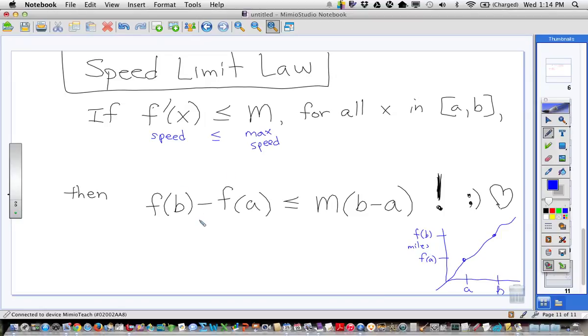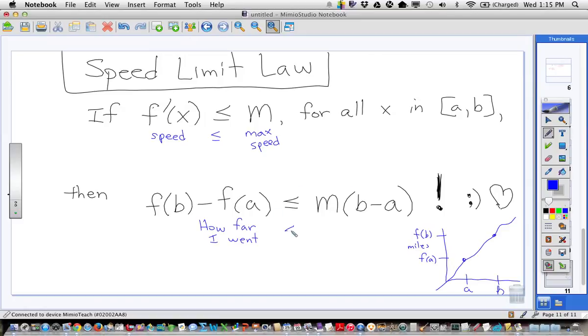Now you're right, it's technically displacement, a distance from where I started to where I ended. If I change directions, that wouldn't be how far I went. But turns out this law is going to work no matter what. It just gets more complex to put into common language.